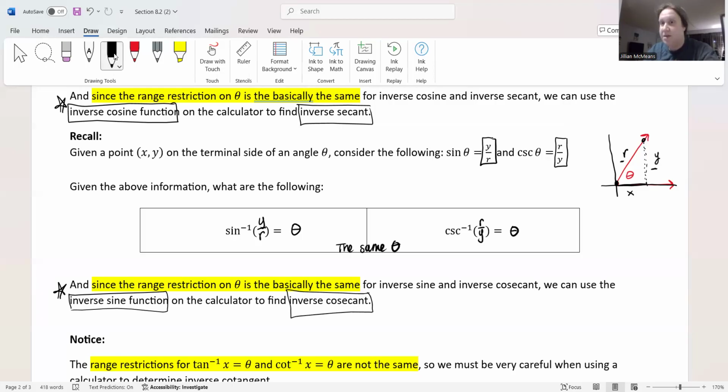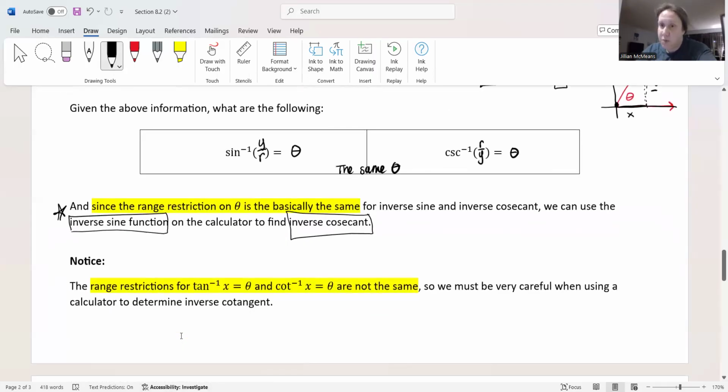And that's really cool because we have these two different ratios, but they're essentially applied to the same angle, okay? And since we restricted our range the same way, we can use the inverse sine function on the calculator in a kind of creative way to get the inverse cosecant.